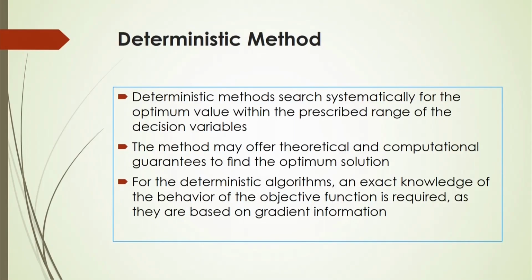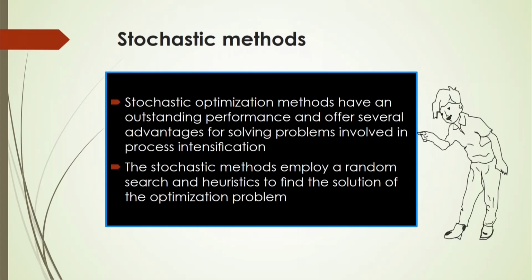Otherwise, some information will be missed. So, that is why, based on gradient information, exact knowledge of the behavior of the objective function should be considered, and these methods guarantee to find the optimal solution.